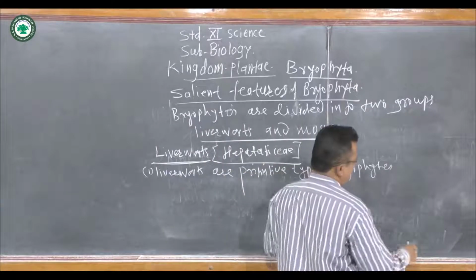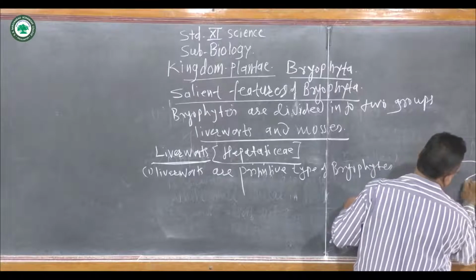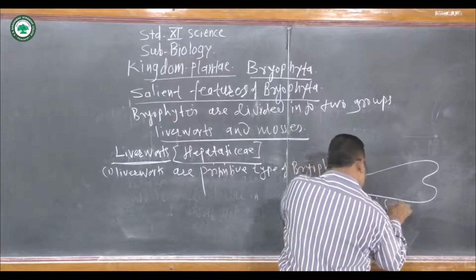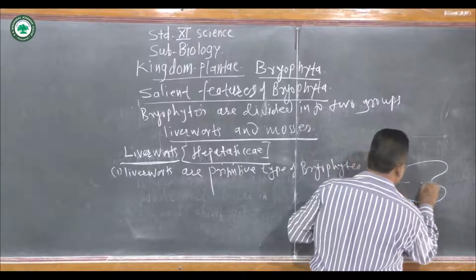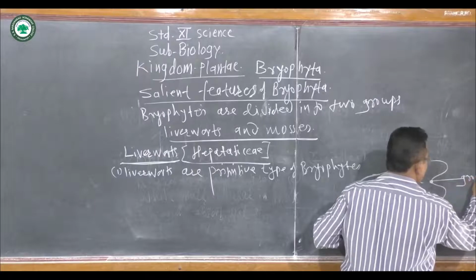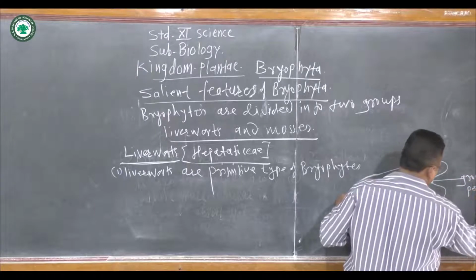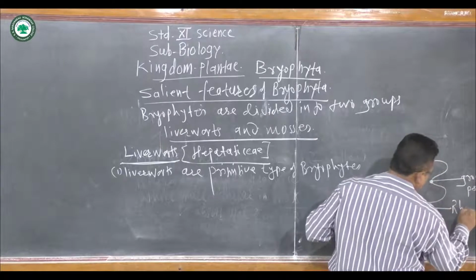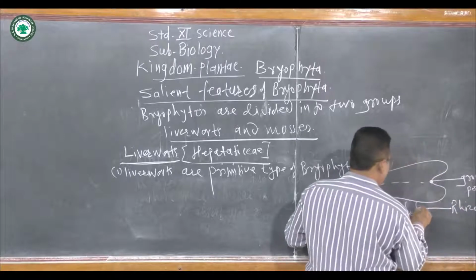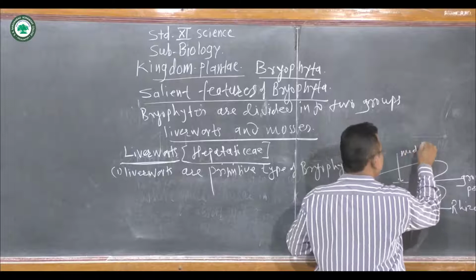For example, Riccia: growing point, unicellular rhizoids and midrib.